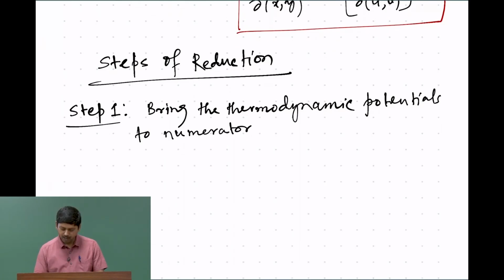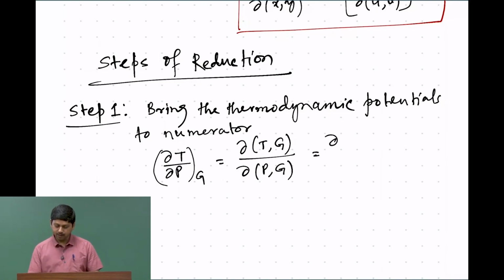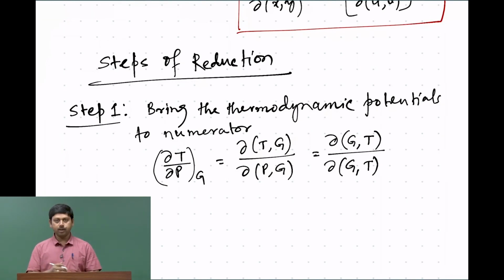For example, if you have del T by del P at a constant G, you can write that as del (T, G) by del (P, G), okay. And then you can write that of course as (G, T) and (G, P), because we are converting both then in the numerator and in the denominator.